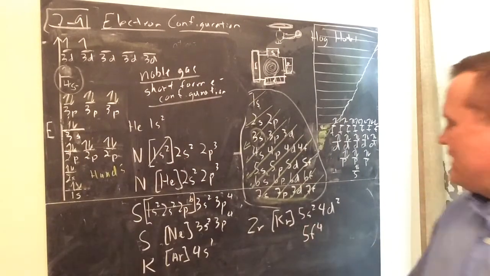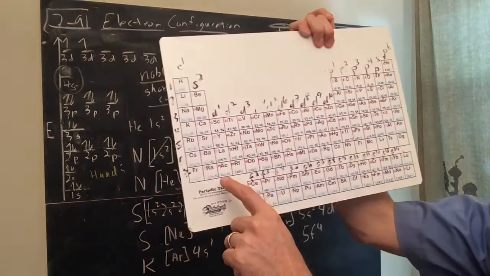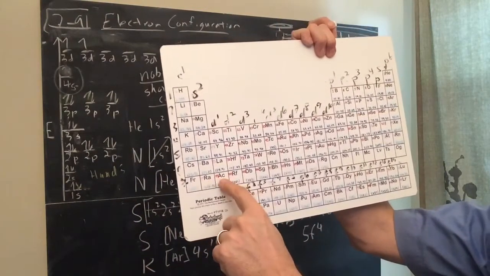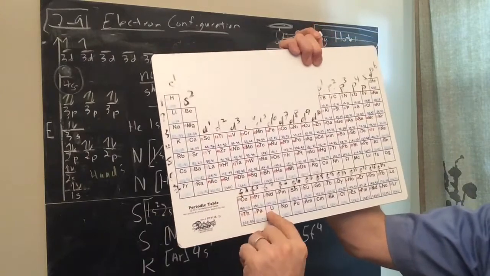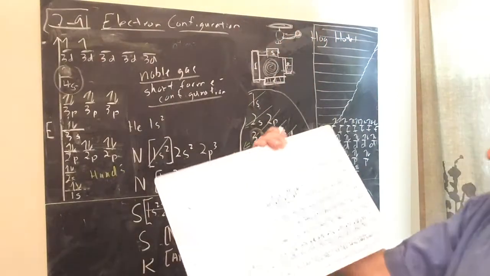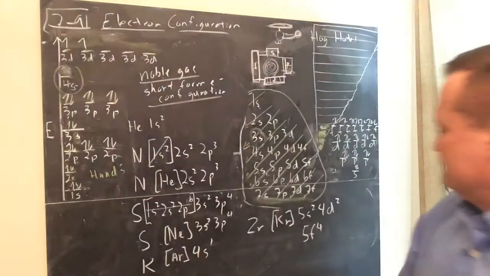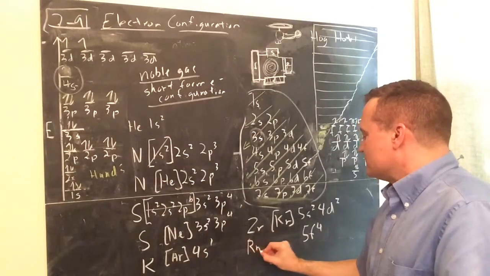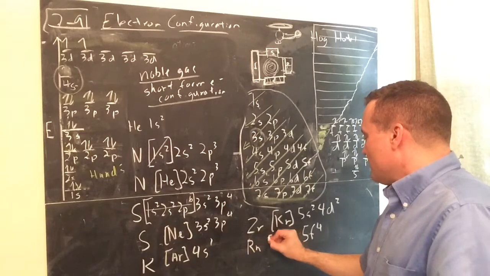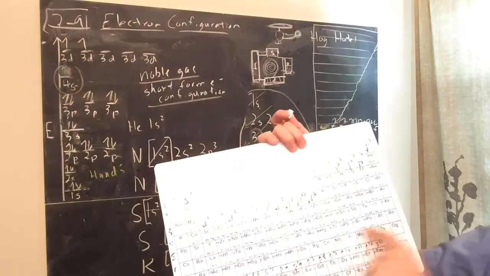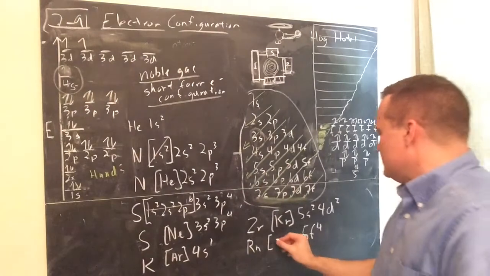Then that would be 7s2, 5f1, 2, 3, 4. That would be uranium. So uranium would be just like radon. Rn, radon. That's a radioactive gas, actually.